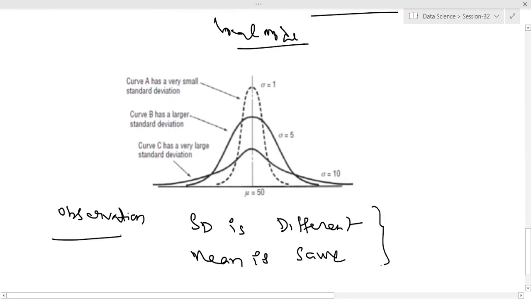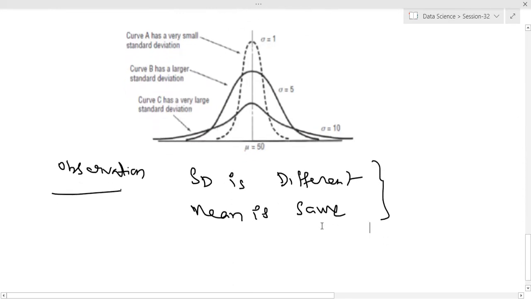Okay, I want to convey one piece of information: this diagram is not new for us, friends, to be frank, because in the empirical formula also we have seen more or less the same kind of diagram. Here the standard deviation is different and the mean value is the same. So if you happen to see this kind of diagram, you need to observe that in this distribution the mean is the same, and we have different standard deviations.